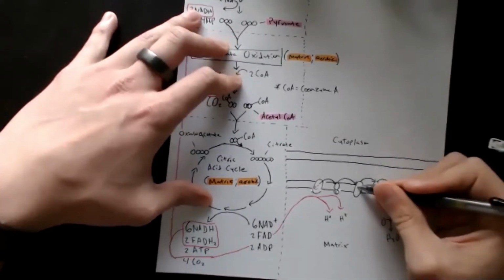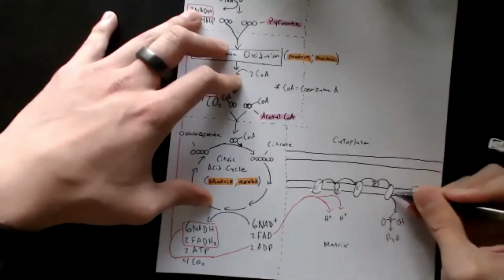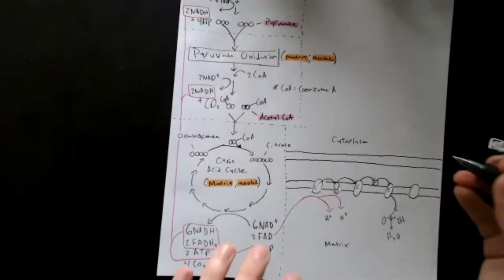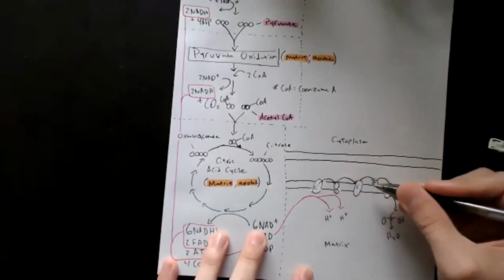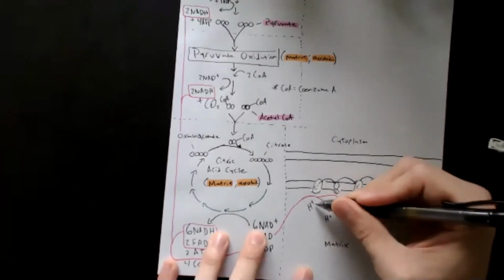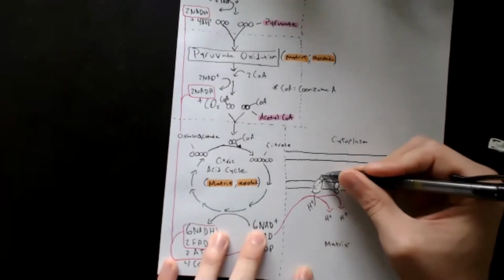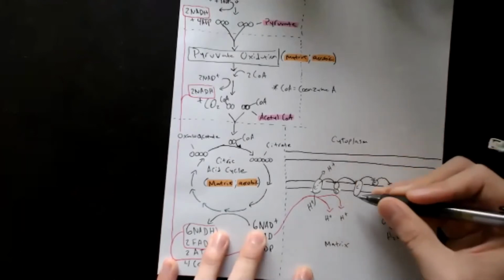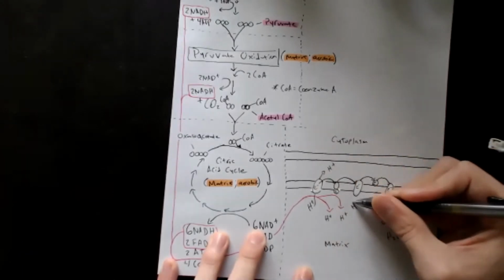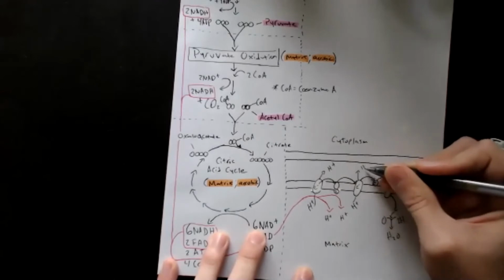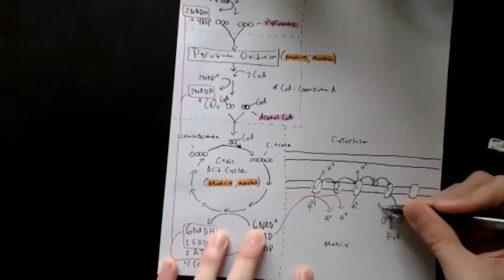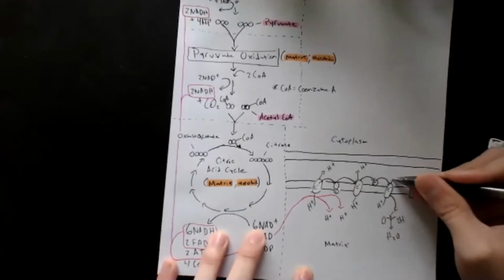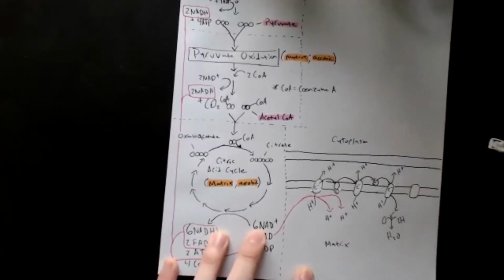So remember, this is the electron moving from protein to protein. Now we know that in the process of this, we're using this kinetic energy to pump hydrogens into the intermembrane space. Same with here, we got another hydrogen moving into the intermembrane space.